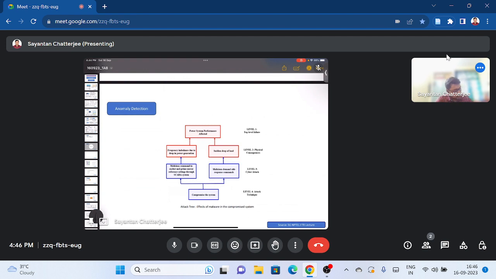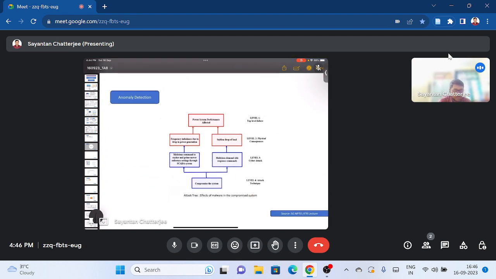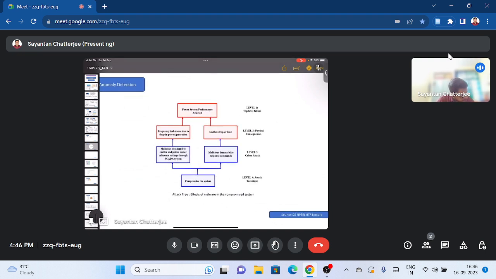So for that, these anomaly detection strategies need to be developed on a larger scale. Here we can see that the attack compromises the system, mainly through a malicious command to the exciter, prime mover, and reference settings of the SCADA system. This is on the generator side, and this is on the load side.